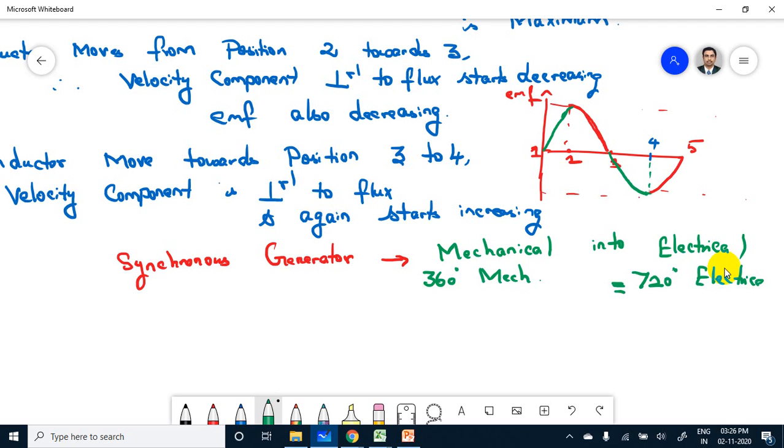Please note down here: if you give 360 degrees mechanical, we are getting 720 degrees electrical. So what is the relationship between these two?